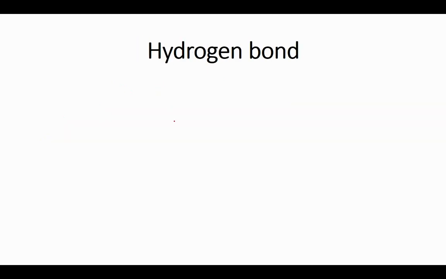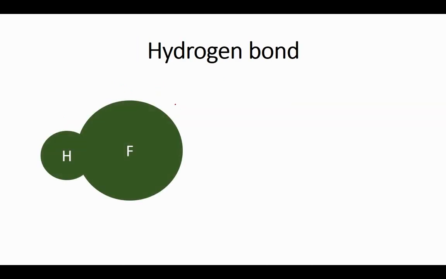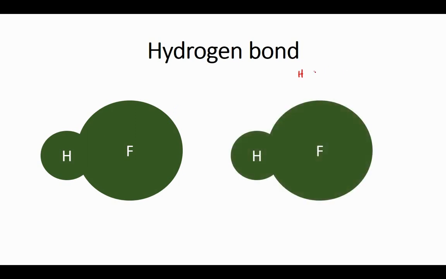Now let's look at hydrogen bond. So hydrogen bond ni hanya akan terhasil if H is bonded to F, O atau N sahaja. So now let's look at this example, a molecule of HF. So since H is attached to F, so this H can form a hydrogen bond with F from the other molecule.